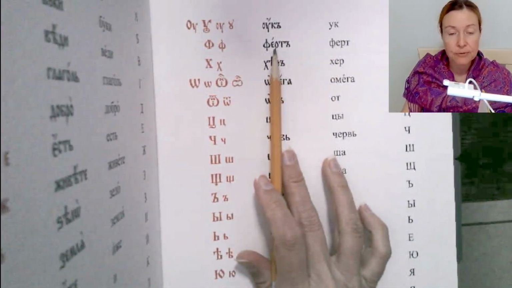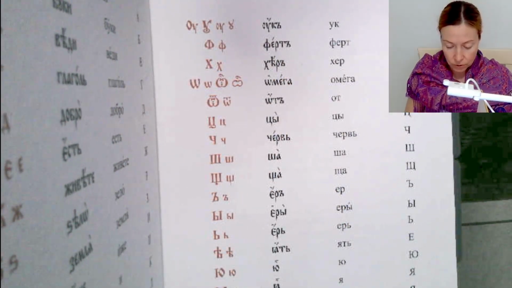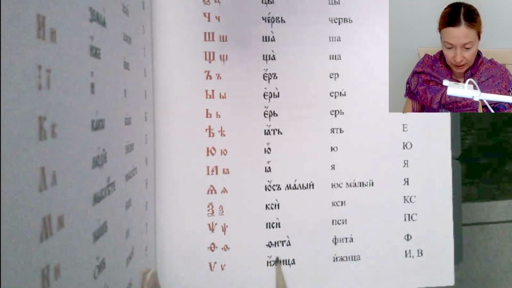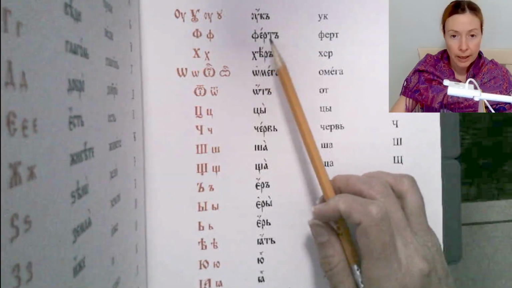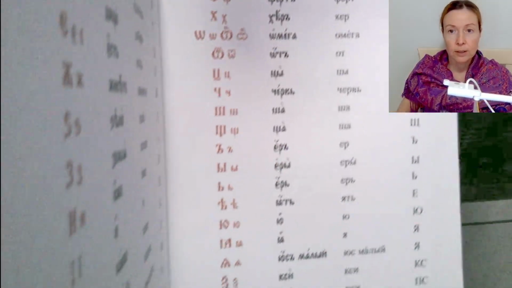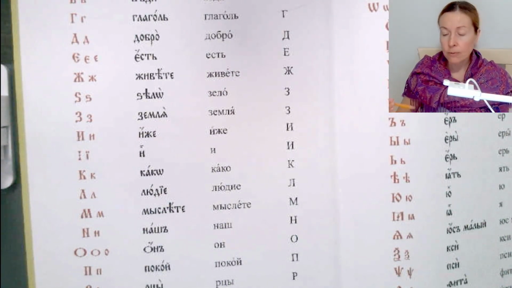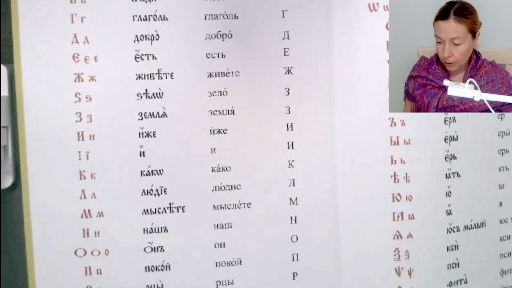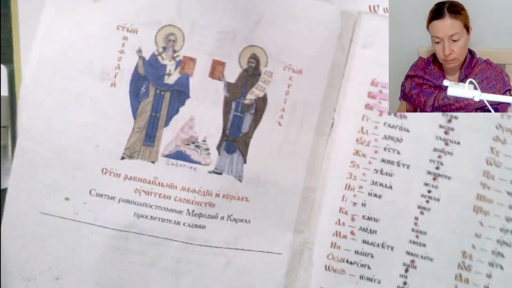Here, look, we have fjert, fe. You see, fjert, fe. And then we have at the end fita, fe. You see here, fita, fe and fjert, fe. So those are both, again, you read the same fe. Why? We're going to talk about that later. But now, okay, you know that we have some letters that you read the same. Okay, so maybe that will be it for today, right?